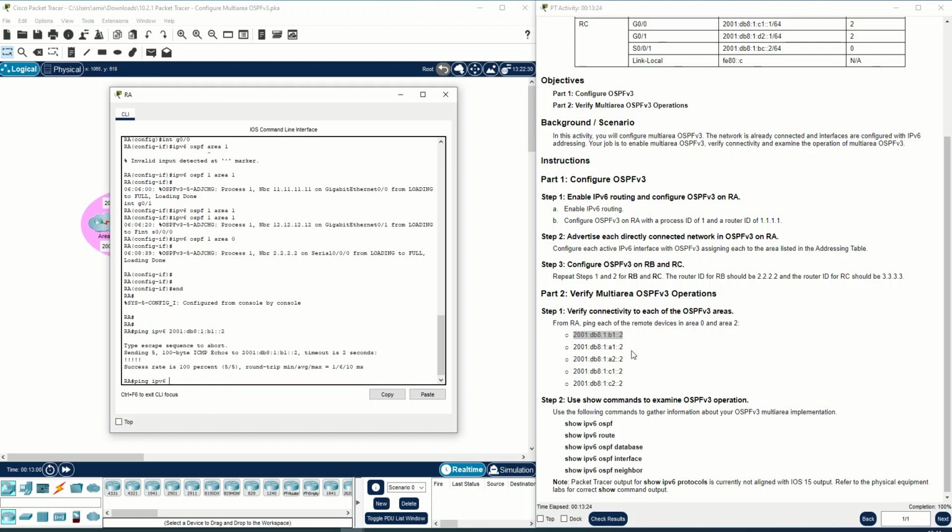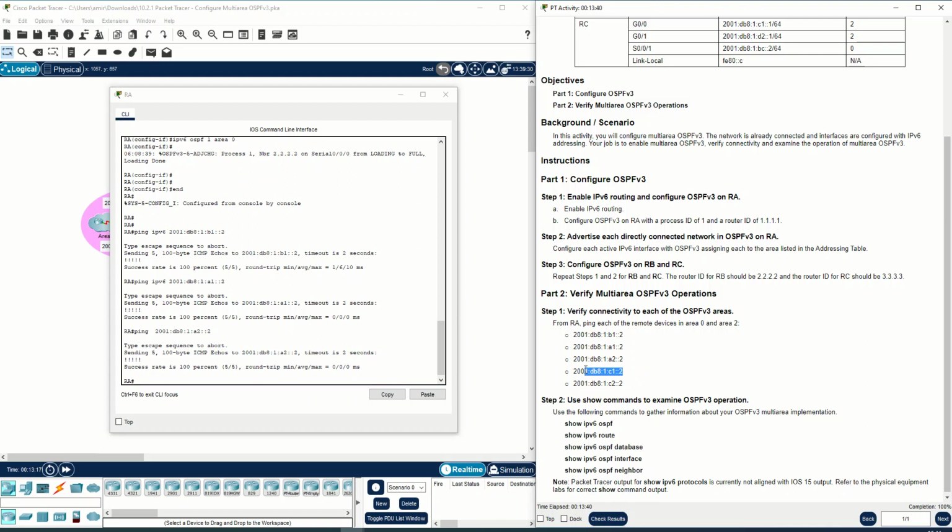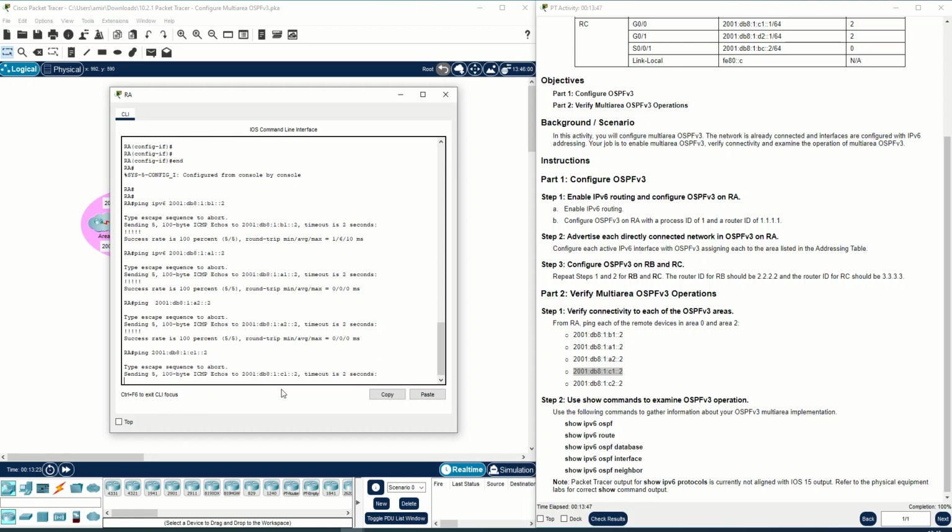What about the others? We also want to ping other PCs or other IP addresses here. You can see all of them are successful. Only this one is not successful.